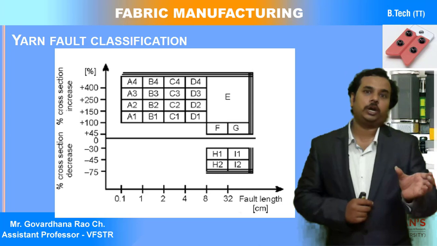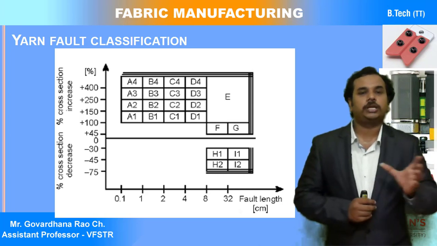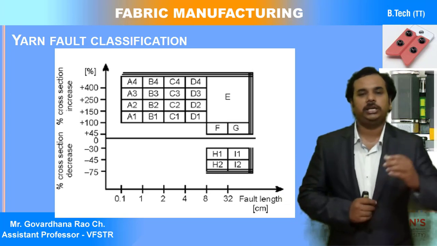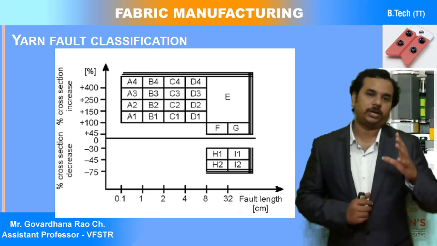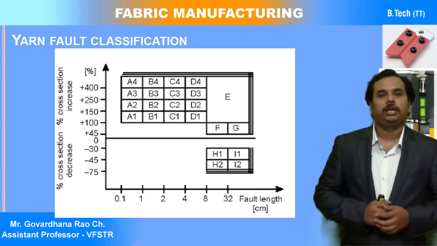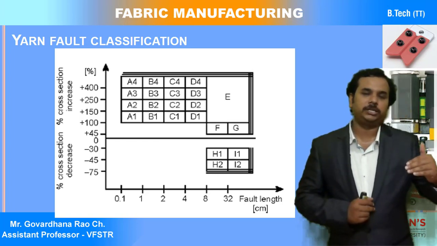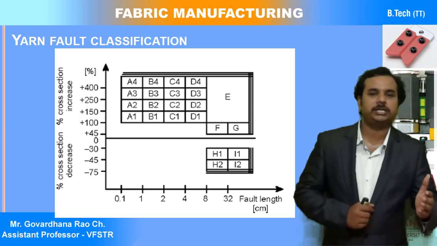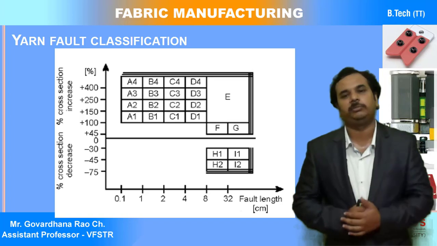Now what is a long thick fault? You can see E, F, G are the long thick faults. For F and G, up to plus 100% is there, and the length of the fault is 8 centimeters to above 32 centimeters.